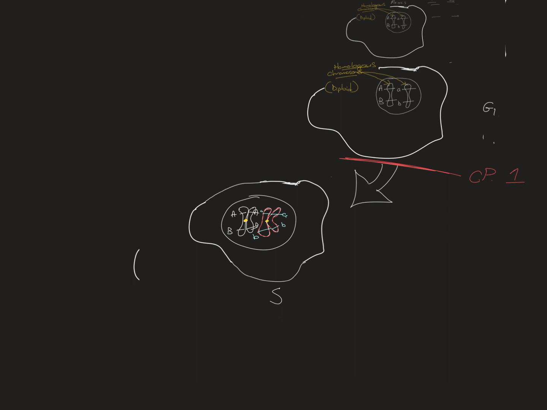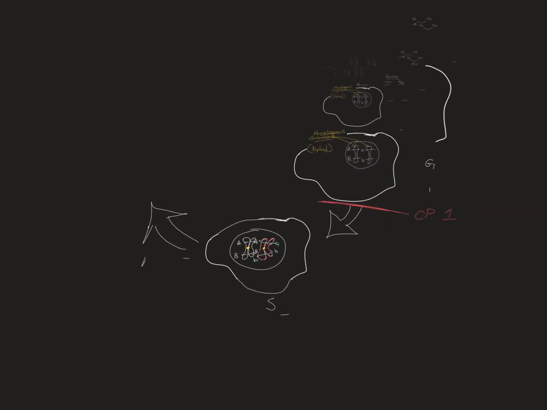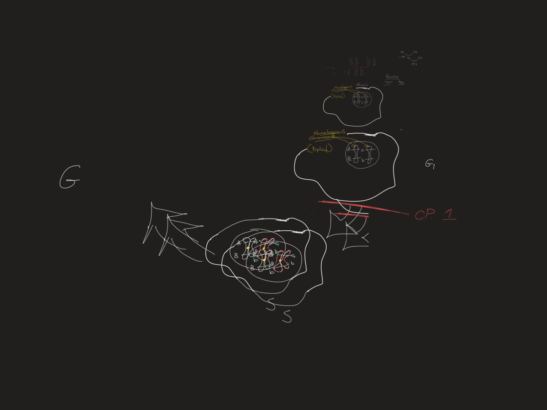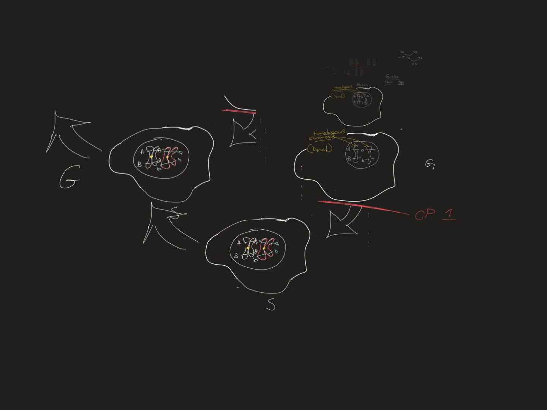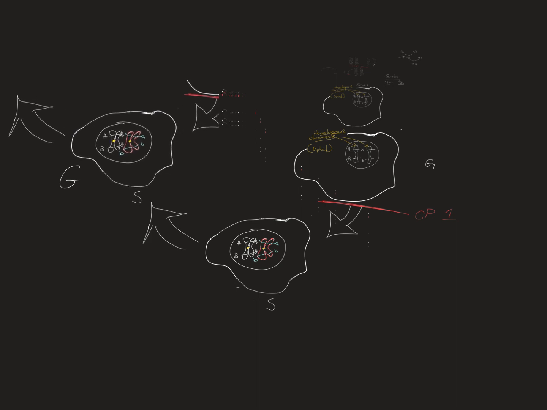Then it goes on to what? G2. And what happens in G2? Is there anything between S phase and G2? Is there a checkpoint between S phase and G2? No, there isn't. So that's interesting. Is there one during S phase?